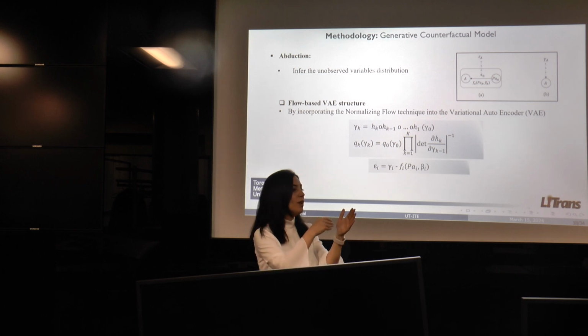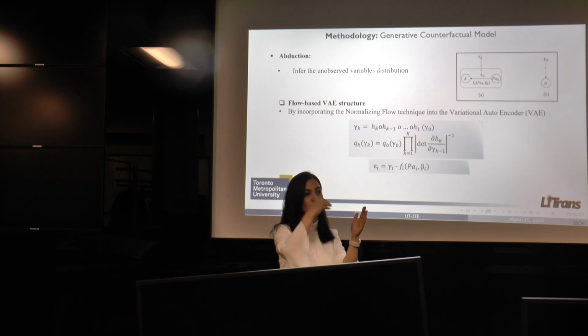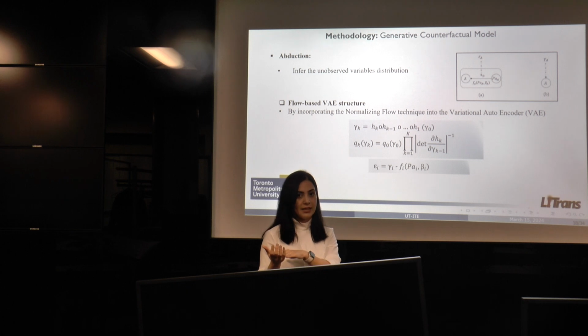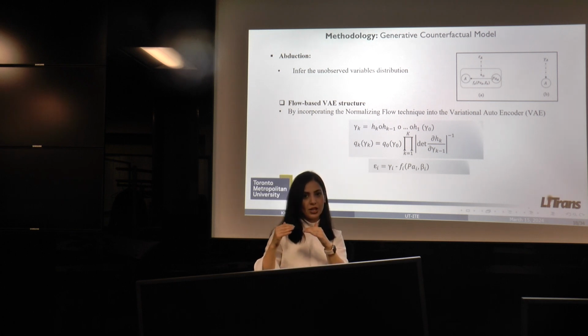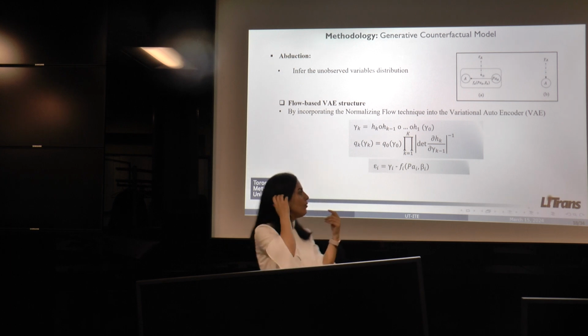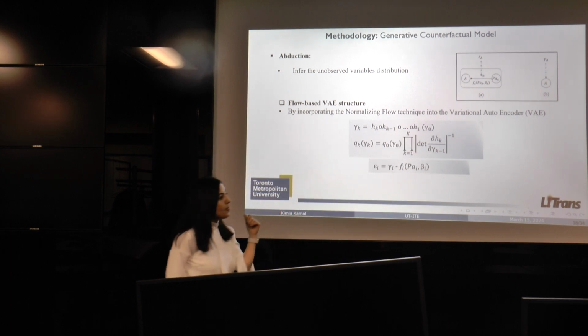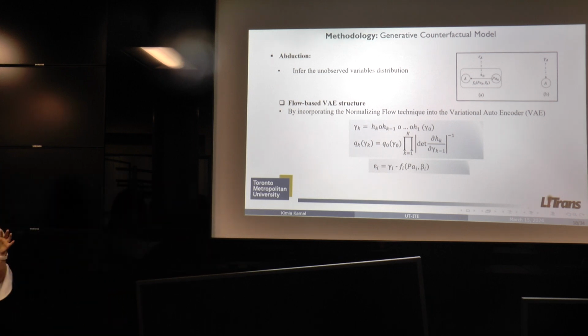But here, we wanted to transform this simple distribution into the complex distribution representing our dataset. Maybe in our dataset, we have subpopulations, different unobserved variable distributions, and so we need to measure this distribution. So the output of the abduction level is the noise distribution.